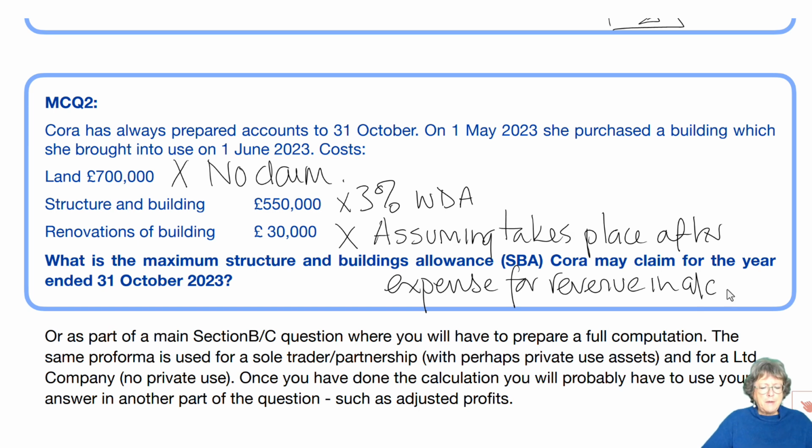So the maximum that she could claim is $550,000 at 3%. So those are the kind of multiple choice questions you might get.